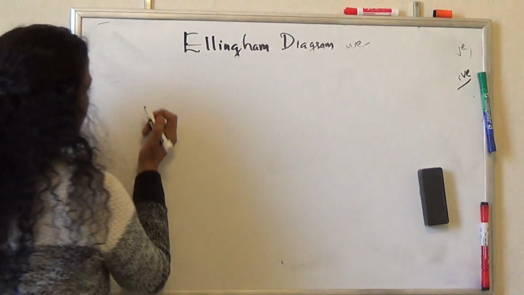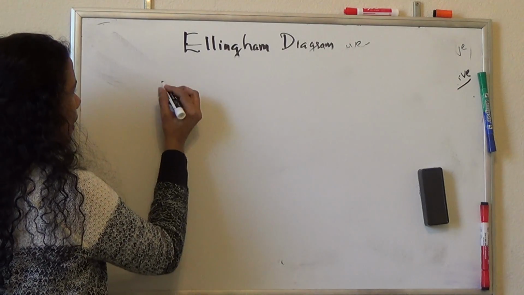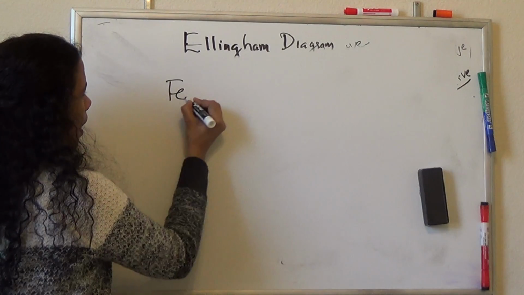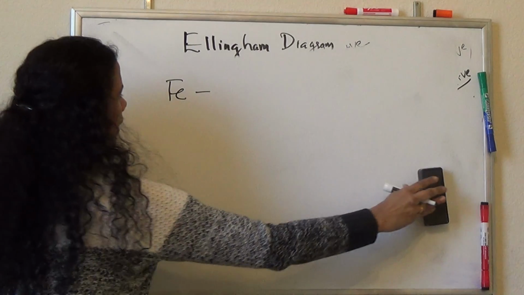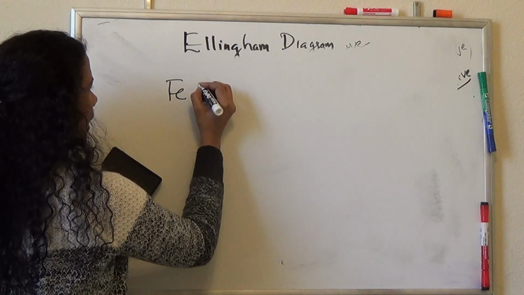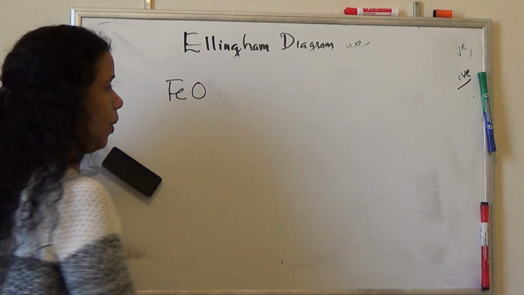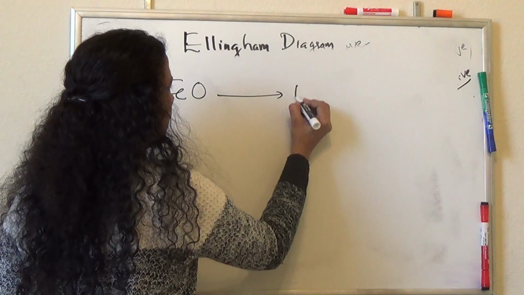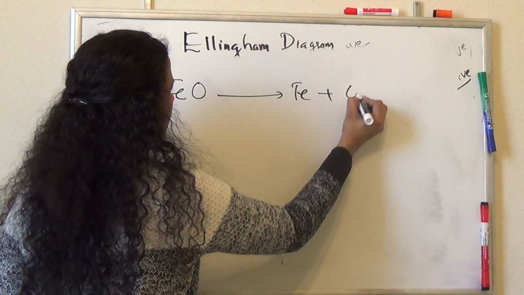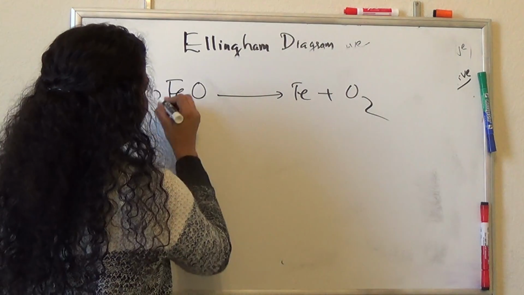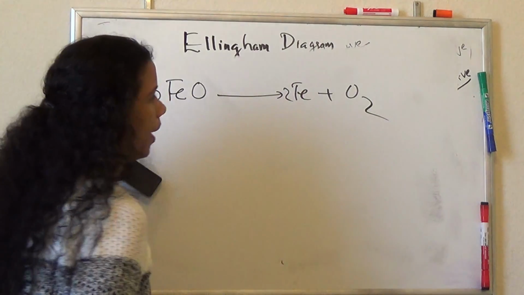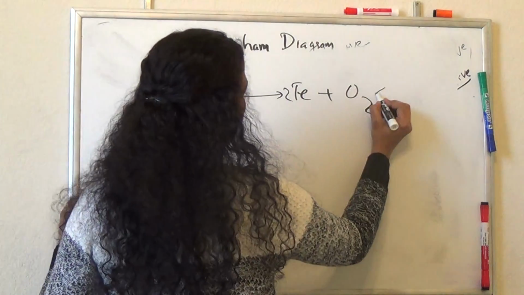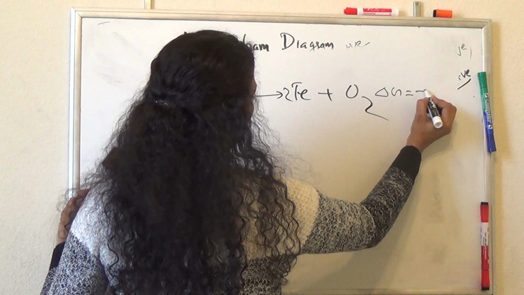For example, the reduction of iron oxide. We can simply write Fe2O3, we can simply write FeO. Reduction of iron oxide to iron and oxygen. Here the value of delta G is positive.